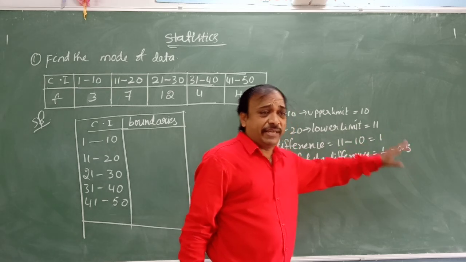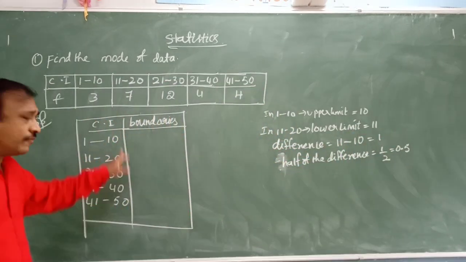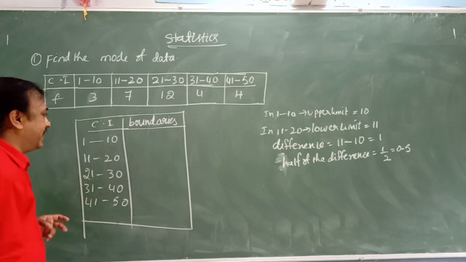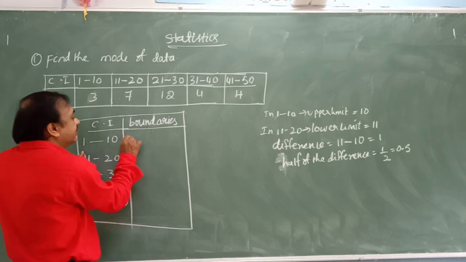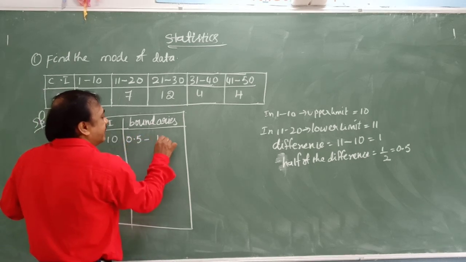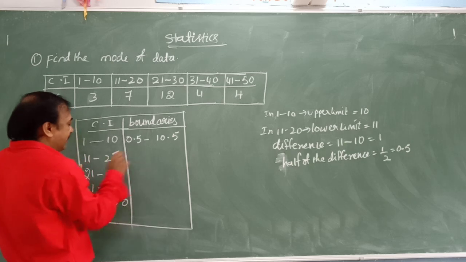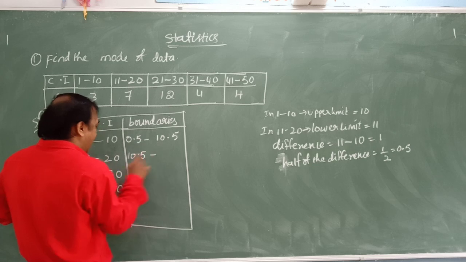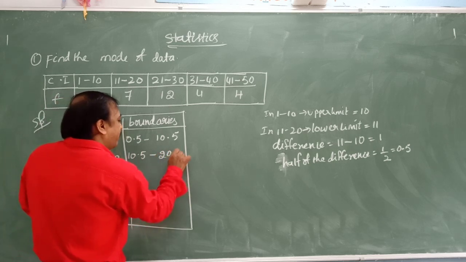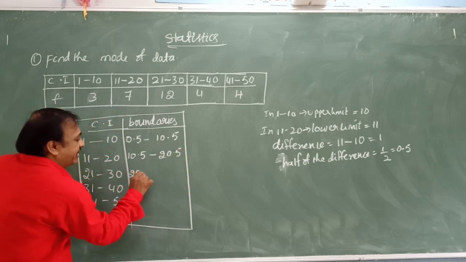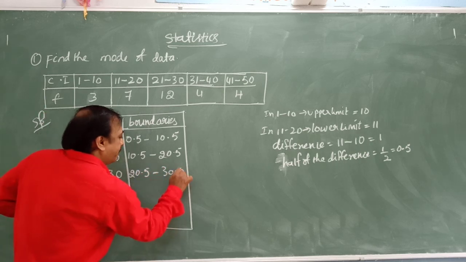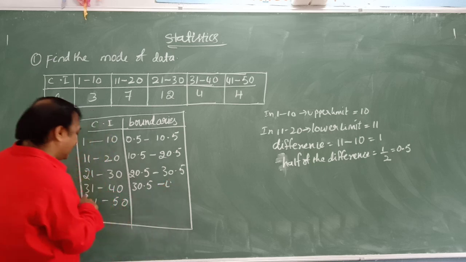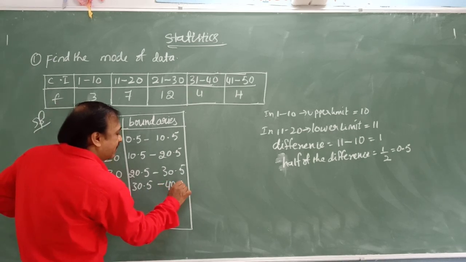That 0.5 you need to add to all the upper limits and subtract from all lower limits. So if you subtract from here, you will get 0.5 to 10.5. Next one, if you subtract from 11, it will be 10.5 to, add to this, 20.5. Next 20.5 to 30.5. Next 30.5 to 40.5.